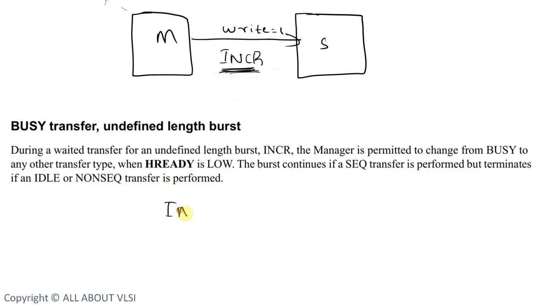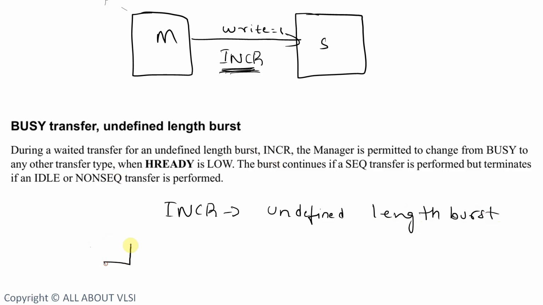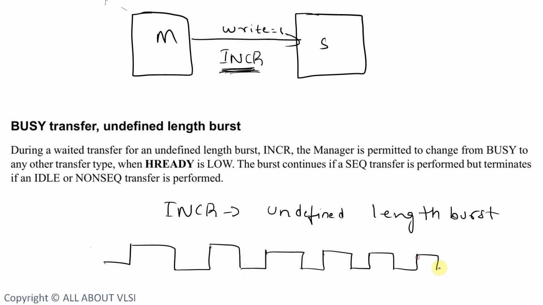So here we have an INCR, that means undefined length burst. During the first address phase, let's say this is T1, this is our clock cycle. So this is our T1 cycle, T2 cycle and T3 cycle.